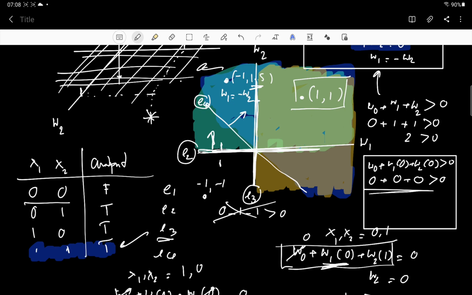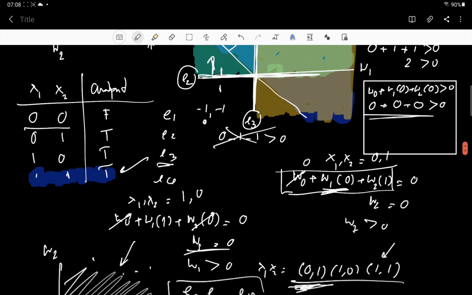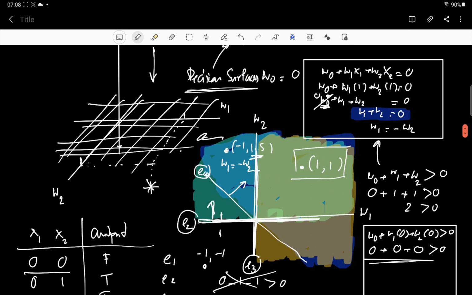It is 0. So the area in here can be used to classify E2, 3, and 4, but cannot be used to classify E1.